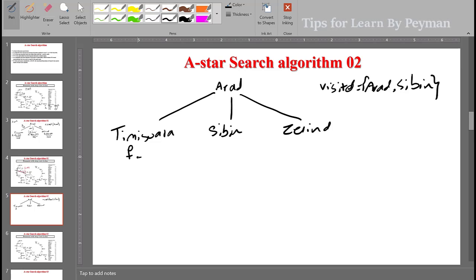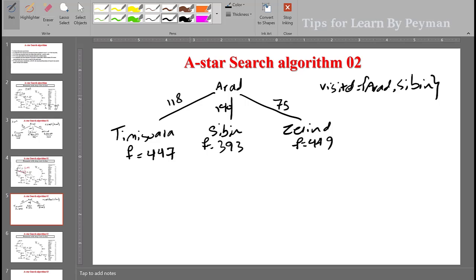So the f value for Timisoara was 447, the f value for Sibiu was 393, and for Zerind it was 449. I just write down the g values here for calculation, and here.